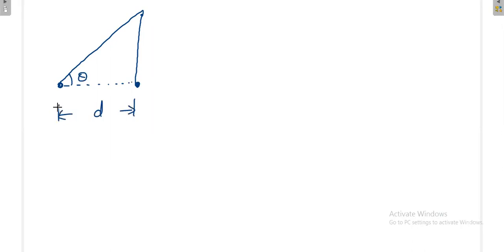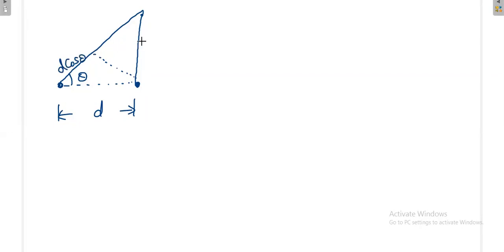This is the distance between the radiators. Tell me what will be the path difference if this is theta. This is d sin theta, and this one is d cos theta.